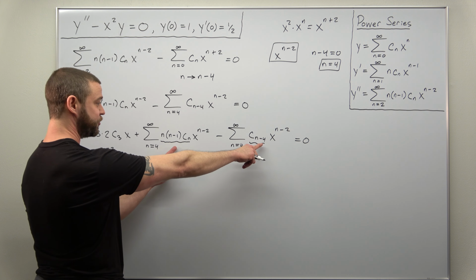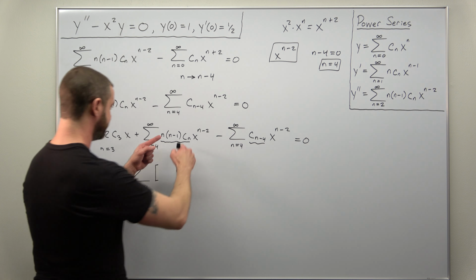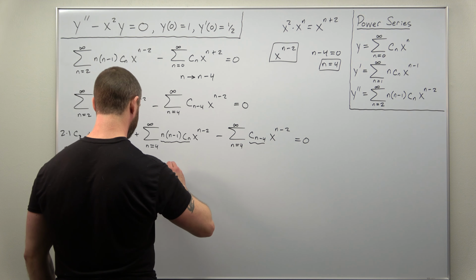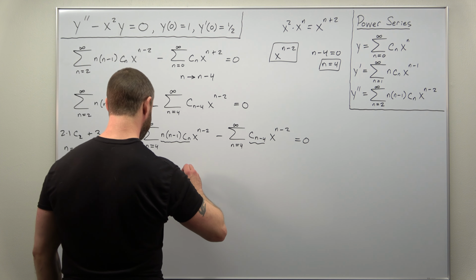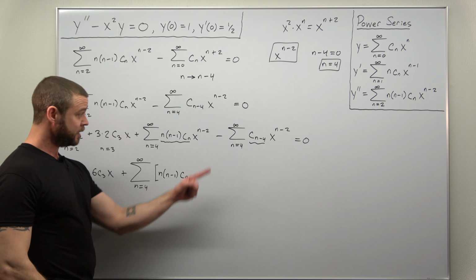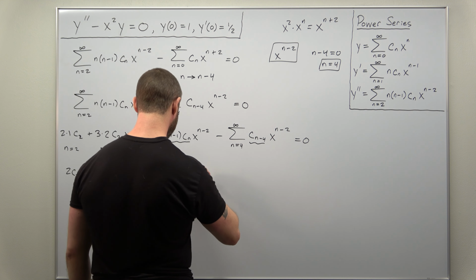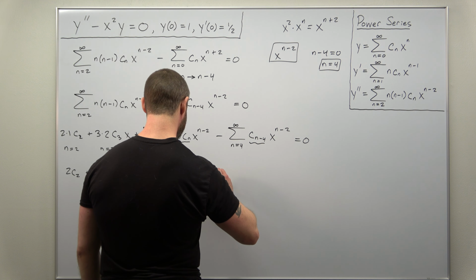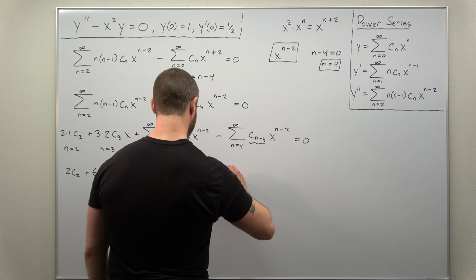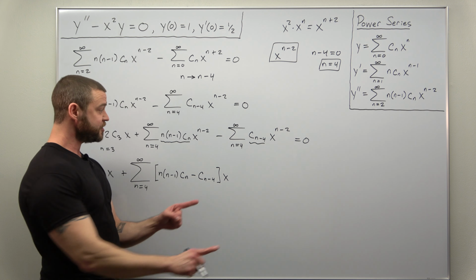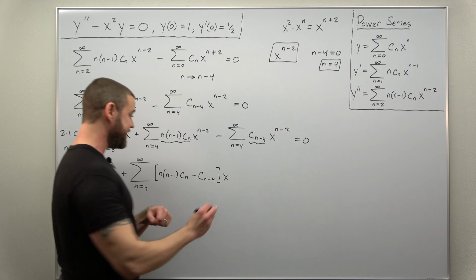And we're going to subtract or add those coefficients. So we get n times n minus 1 times c sub n. And we subtract this coefficient, so minus c sub n minus 4. Those were the coefficients of your like term, x to the n minus 2.